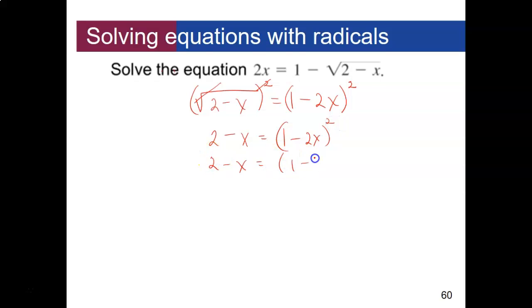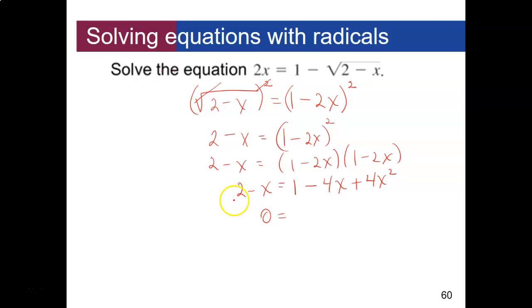So I need to FOIL this out. I'll have 1, the inner and the outer will have negative 2x and negative 2x, which gives me negative 4x. And then the last, if I multiply those two together, I'll have plus 4x squared. This one again is a quadratic, so I need to pull everything over so it's equal to 0.